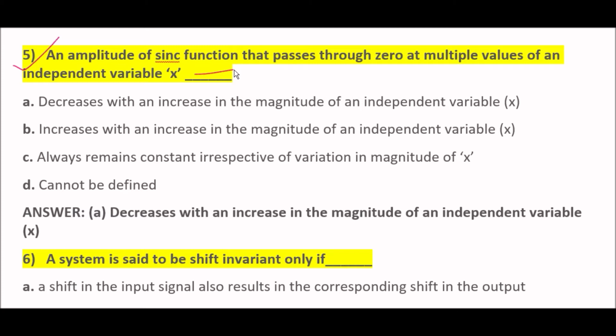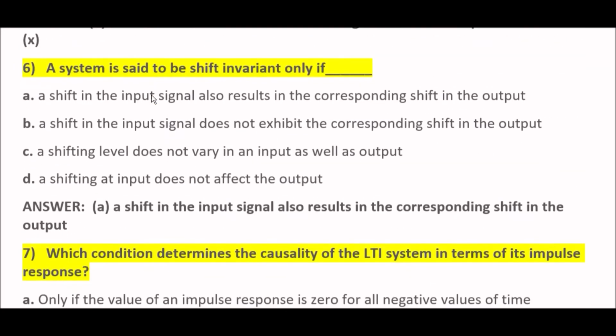And option D. So correct answer here is option A. An amplitude of sinc function that passes through 0 at multiple values of an independent variable x decreases with an increase in the magnitude of an independent variable x. Okay, this is a very important question. Kindly focus on it.